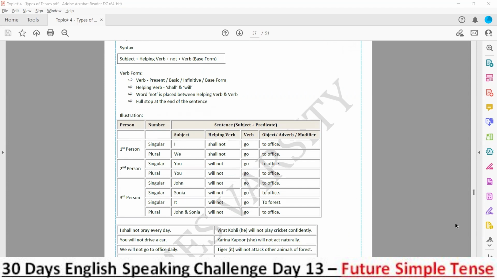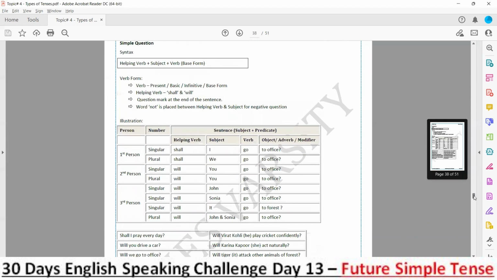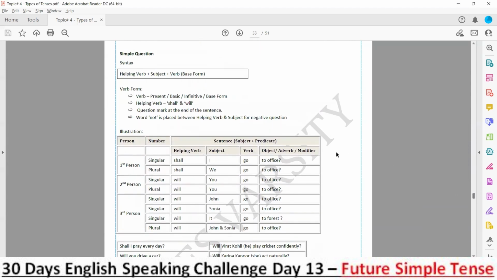Now let's make simple questions. As usual, for all simple questions, whether it is present, future, or past, whether it is indefinite, continuous, perfect, or perfect continuous, the syntax remains the same. The sentence should start with the helping verb, then the subject, and then the verb.